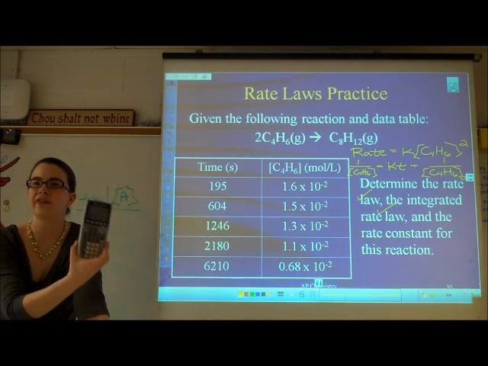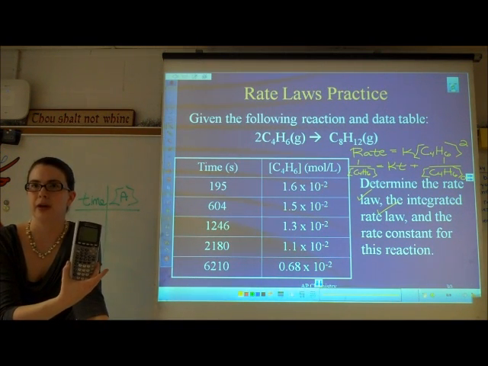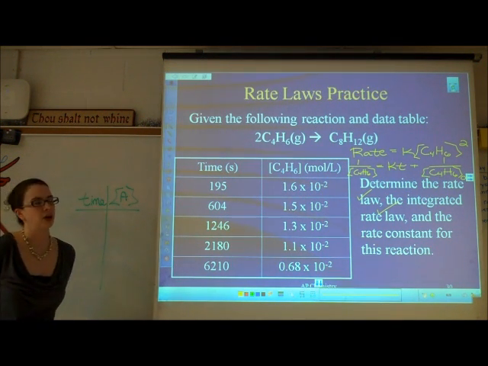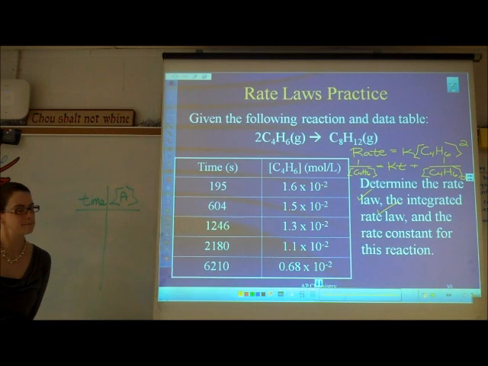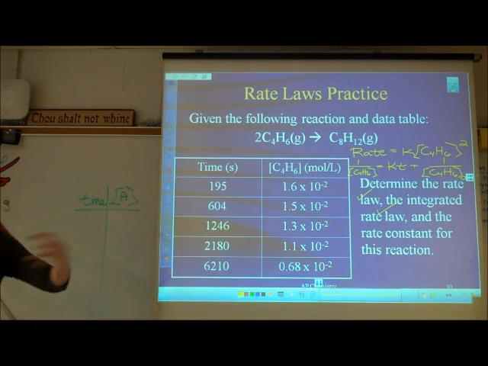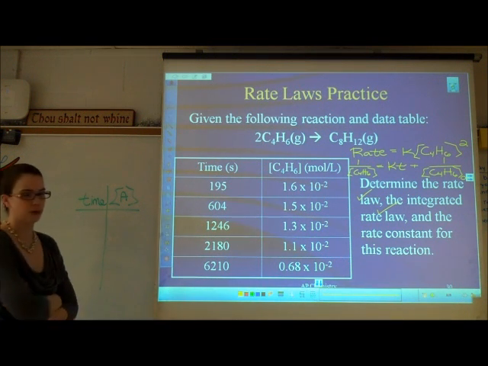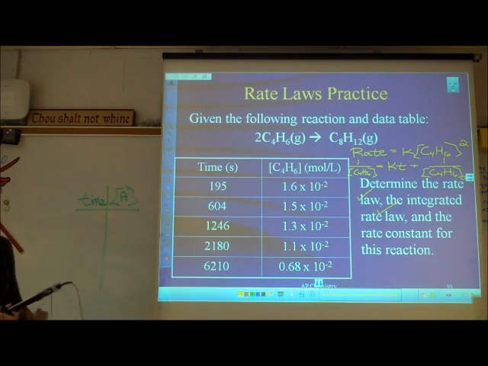Think about the graph that should be on your calculator right now. How could we find a value for K? Throw out some ideas. Oh, see, you guys are overachievers. I was hoping for some lesser ideas.